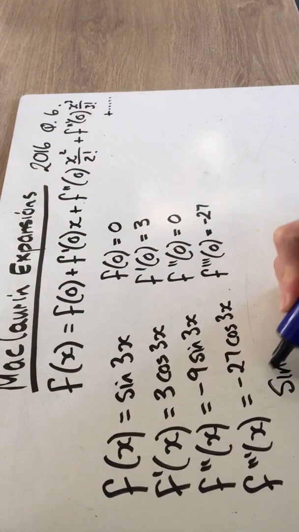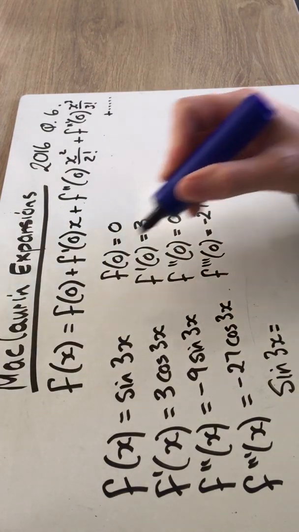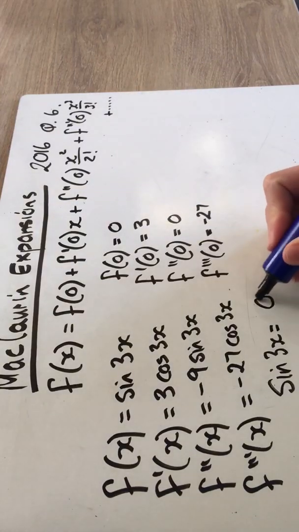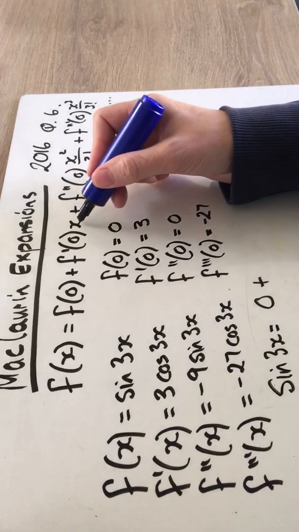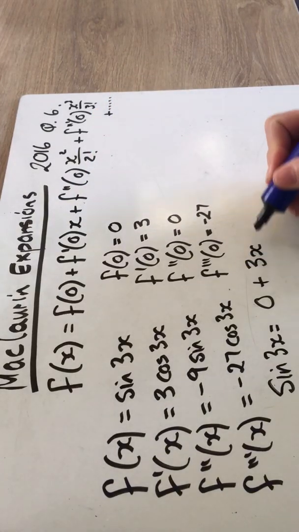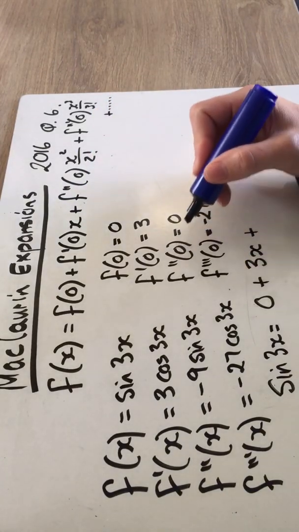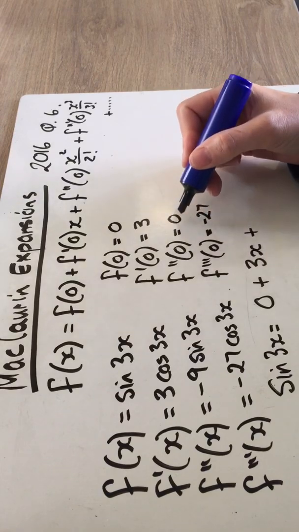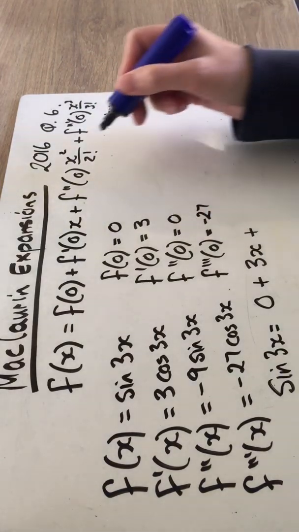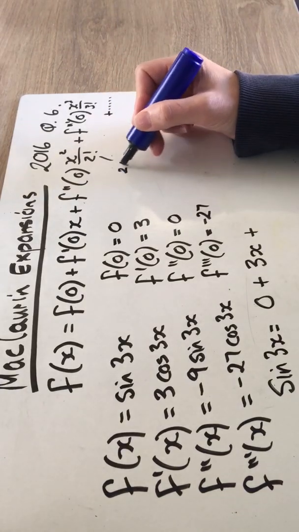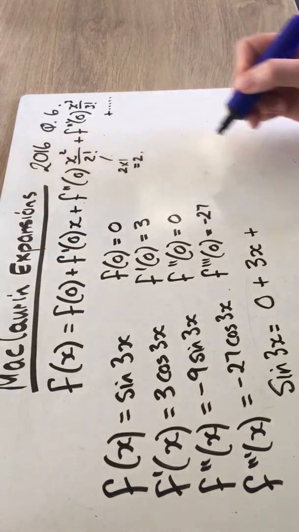So sine 3x equals f of 0, which is 0, plus f dash 0, which is 3 times x, 3x, plus f double dash, second derivative 0, x squared over 2 factorial. And 2 factorial, remember, is just 2 times 1, which is 2.